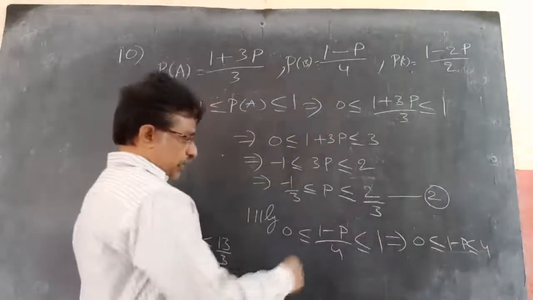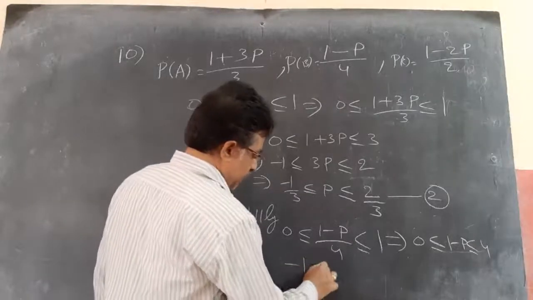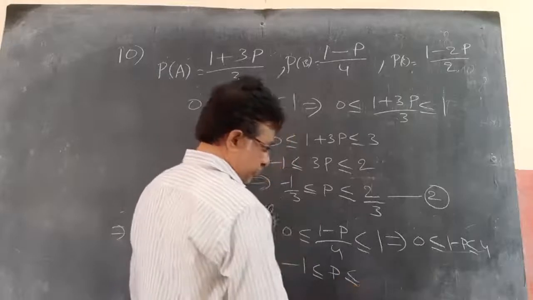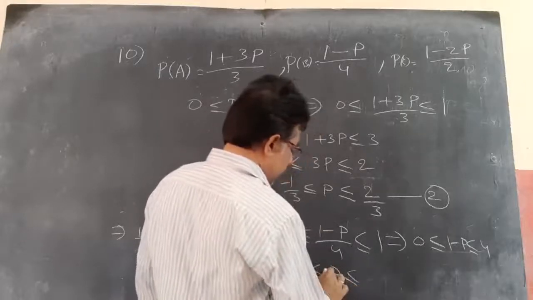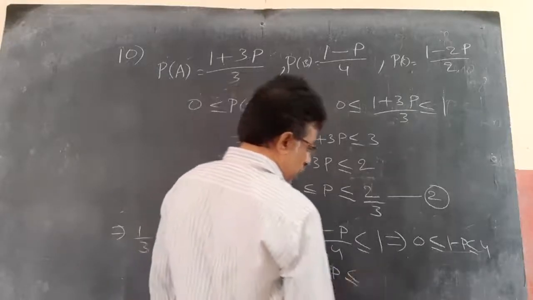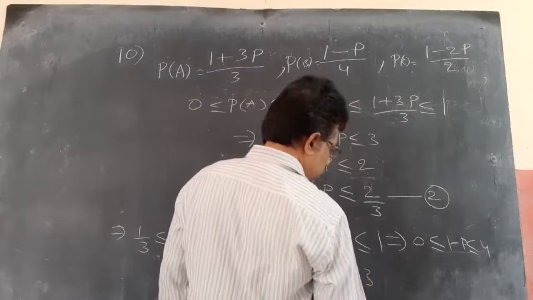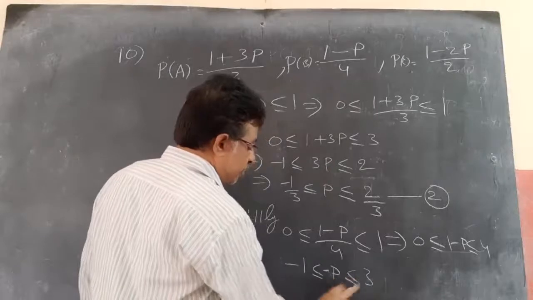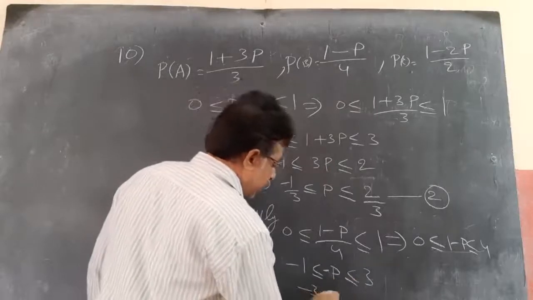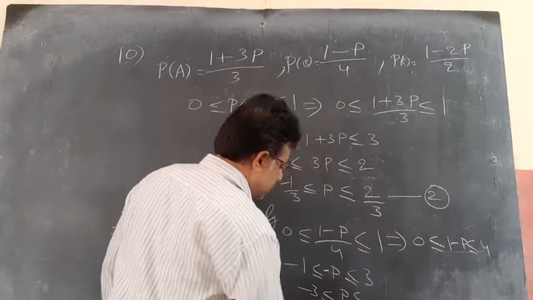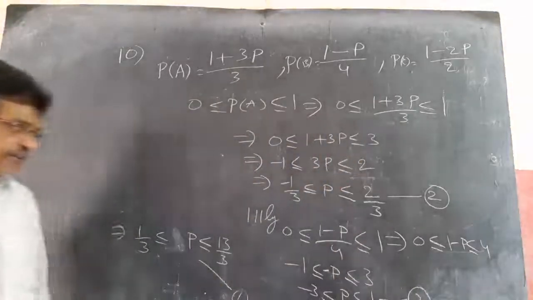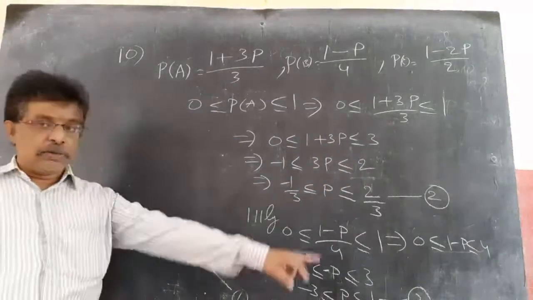Now, subtract 1: minus 1 less than or equal to minus p less than or equal to 3. Now, if I multiply with minus, the inequality will change. Minus 3 less than or equal to p less than or equal to 1. So this is equation 3. I got equations 1, 2 and 3.